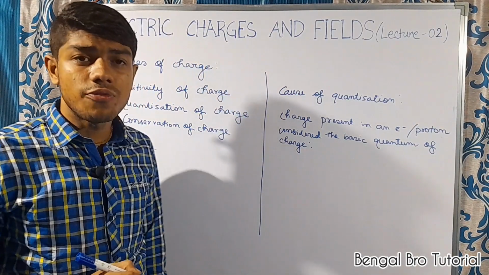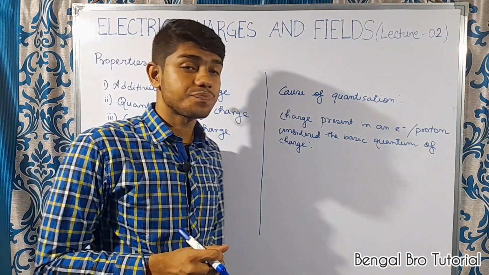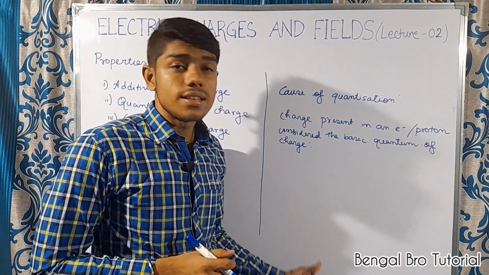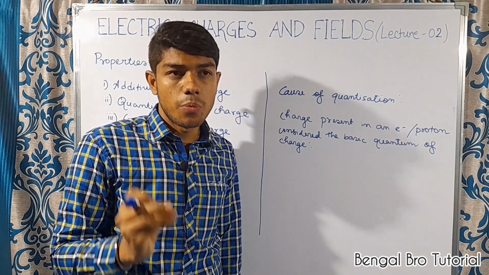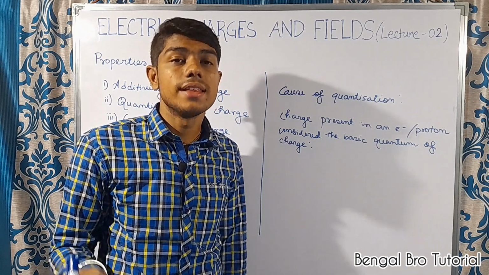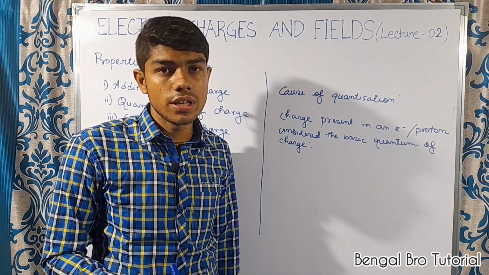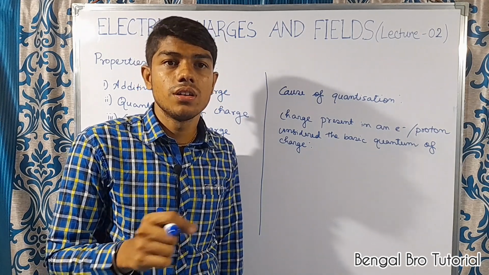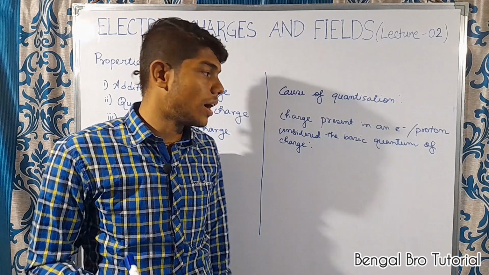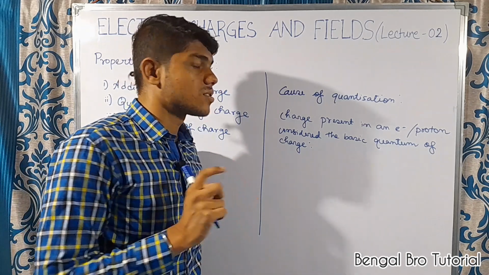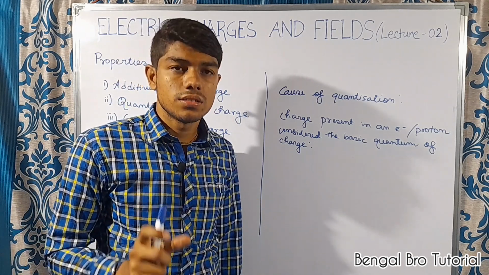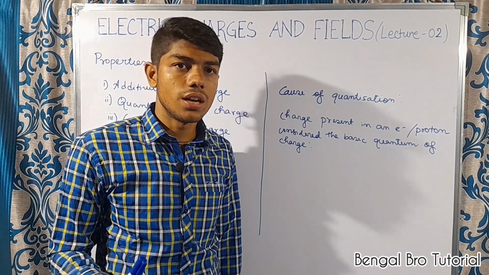This is because this is the smallest possible value of charge that can exist independently, that can be present in a body, and that can be transferred to a body. That is why e is considered the basic quantum of charge. Understood?